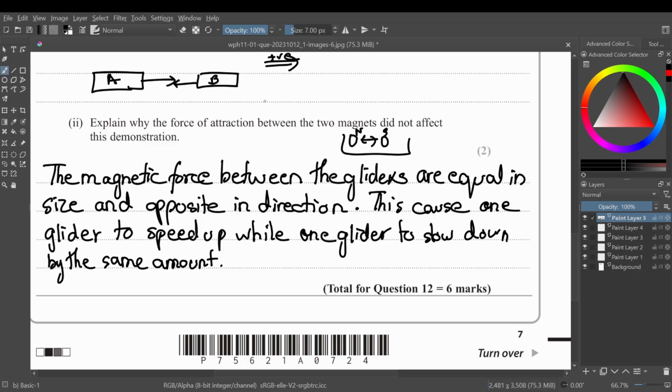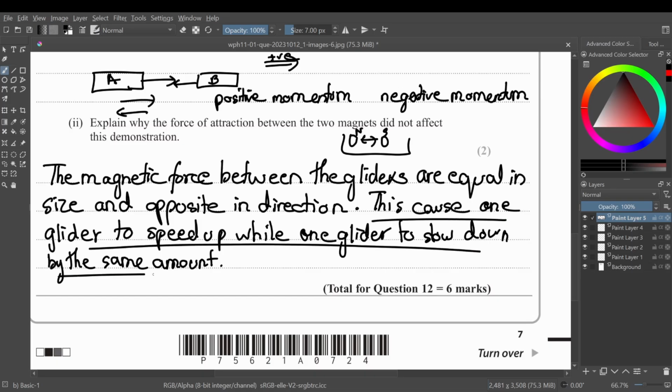Okay, so glider A will have a positive momentum, while glider B will have a negative momentum, because it has negative velocity. The negative basically means the direction. So your positive direction of motion is towards the right side, so your velocity value will be positive towards the right but negative towards the left. So this is what the sentence is saying and nothing else.